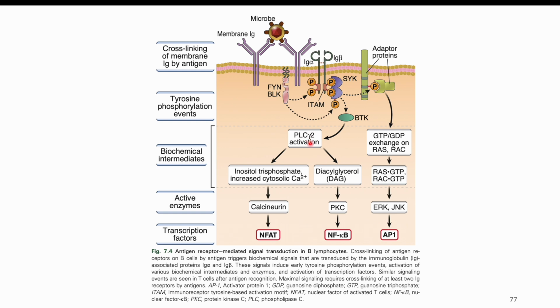In this particular description, it can be via PLC, or via the RAS-RAC complex. If it is via PLC, then the downstream signaling for PLC is inositol triphosphate, which basically means that there will be increased cytosolic calcium ions. Once the calcium ions are there, the calcineurin enzyme, which was already present in the cell but was not activated, gets activated whenever there is more calcium in the cell.